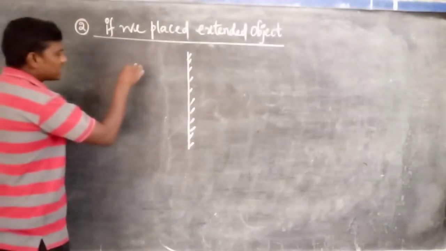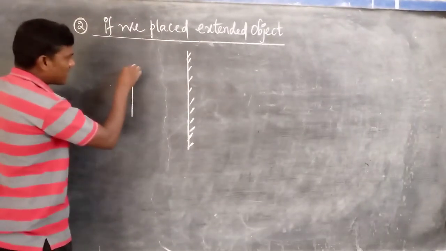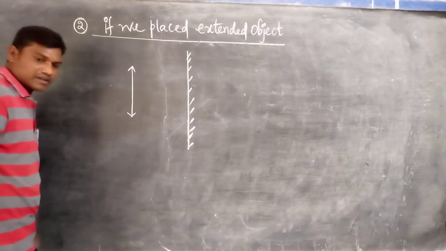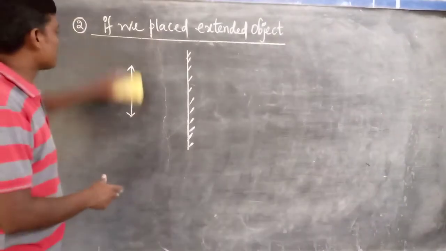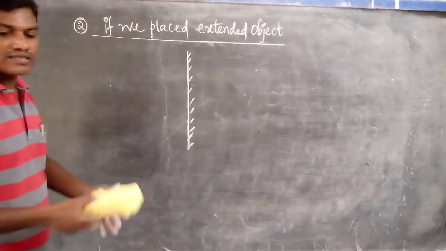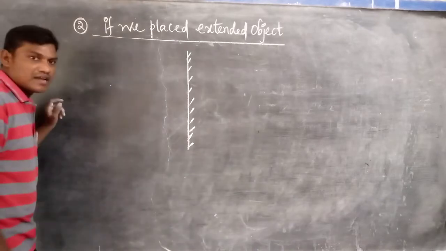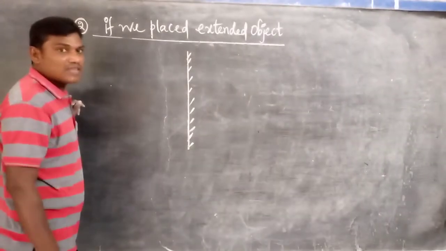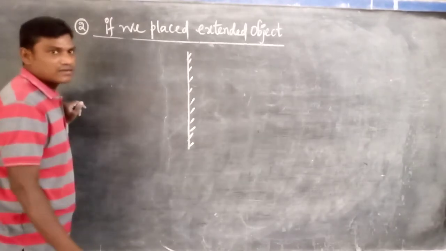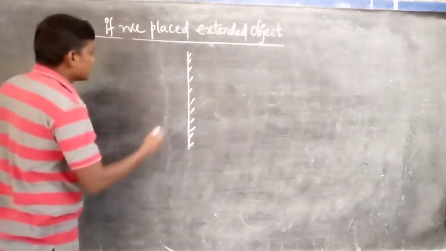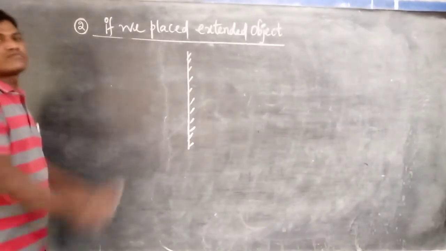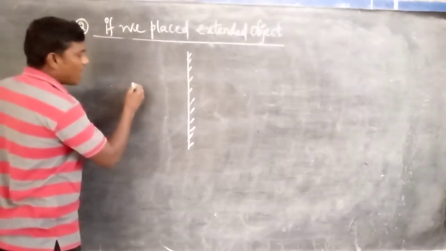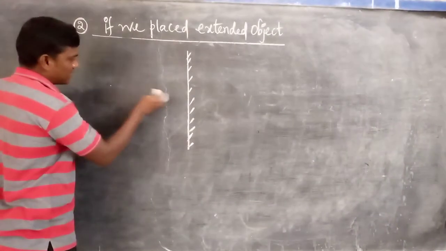Generally, we consider the extended object like this. Sometimes they ask, for 1 or 2 marks, to draw the image of a letter given below. For example, I will consider the letter B here.